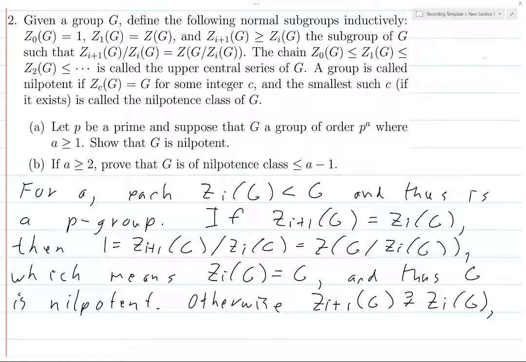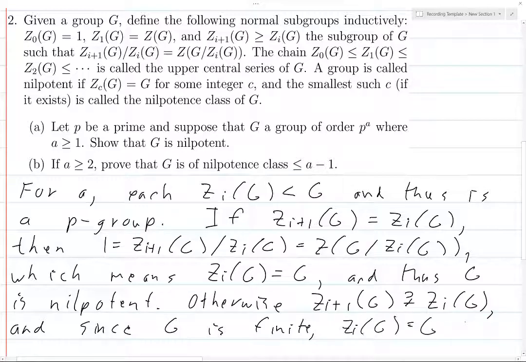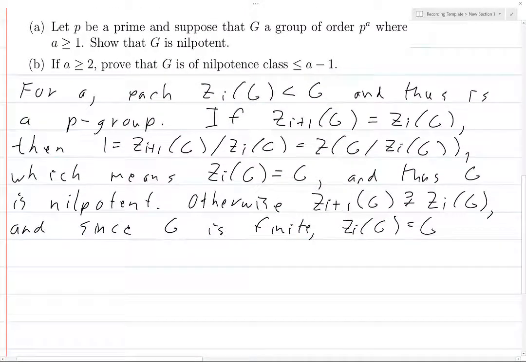So since G is finite, Z_i G equals G for some i.